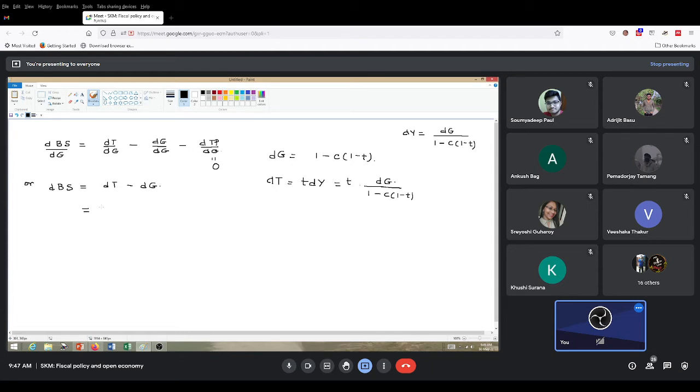So we can write this in this way, t, so we can take dG common, so this is t, this will be minus 1 plus c(1 minus t), right?